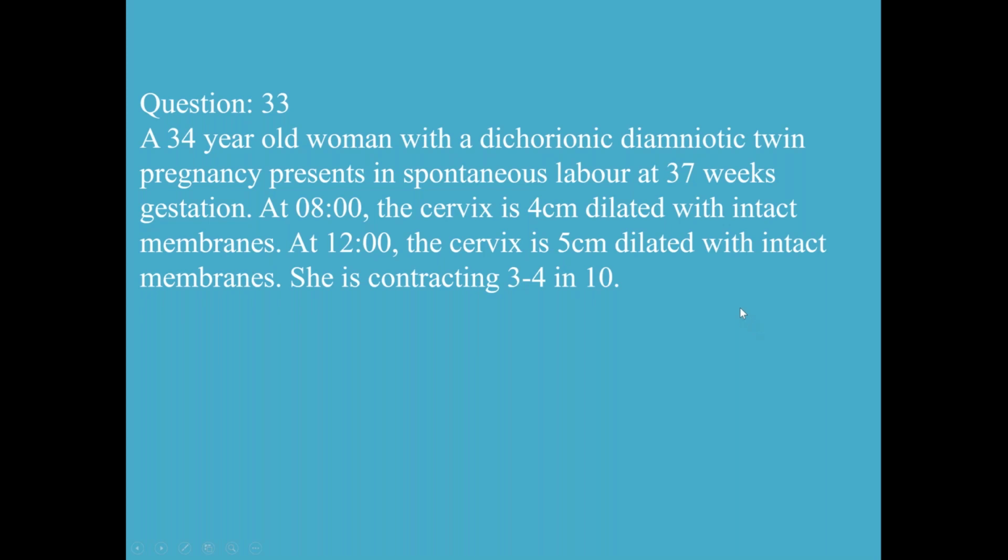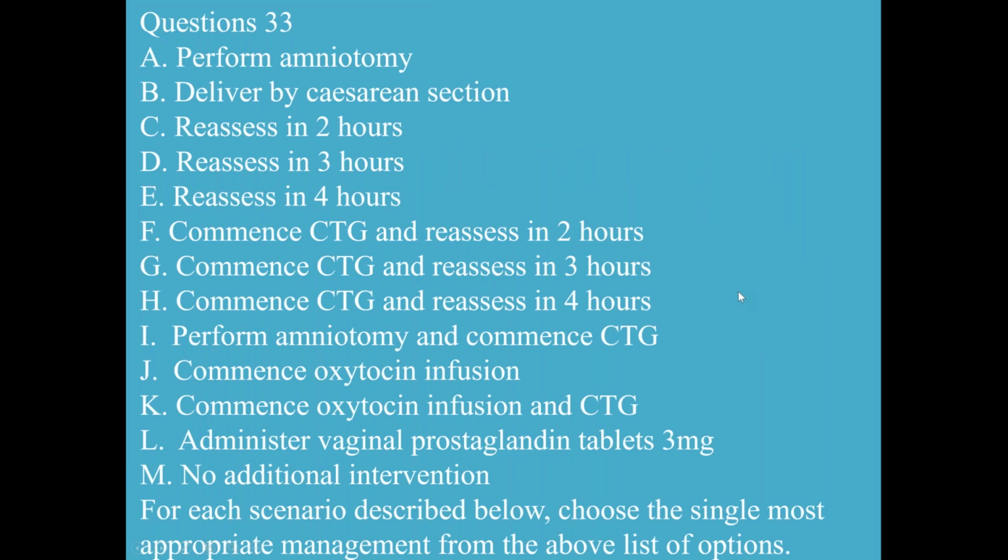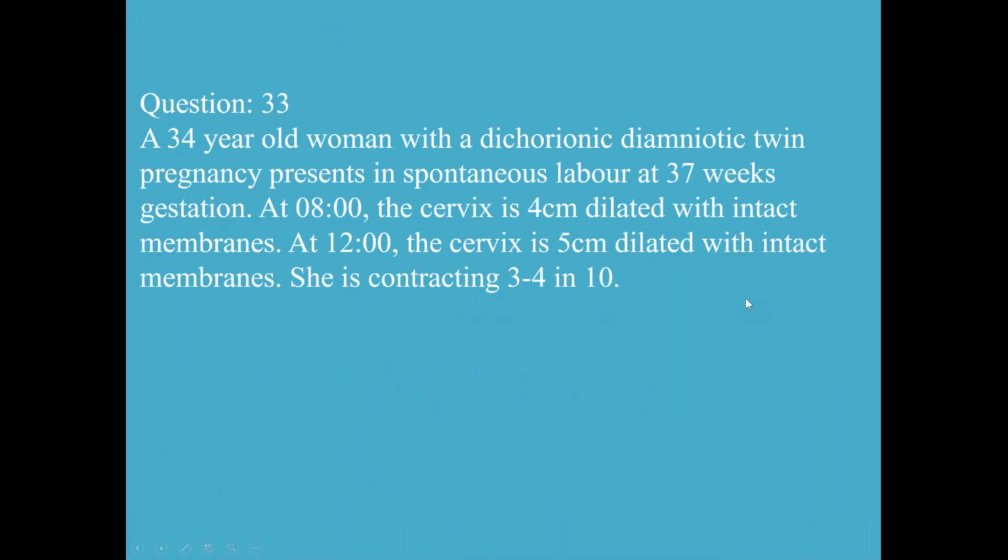In case the patient is not willing for amniotomy at that point, then we'll reassess her after 2 hours and check for progress. Then we can also do an amniotomy at that time. So the answer will be perform amniotomy.